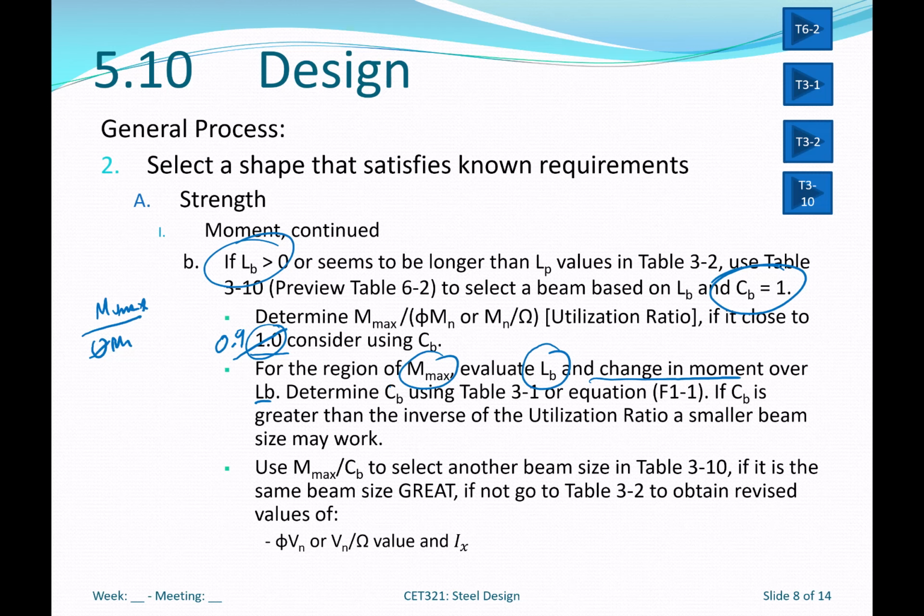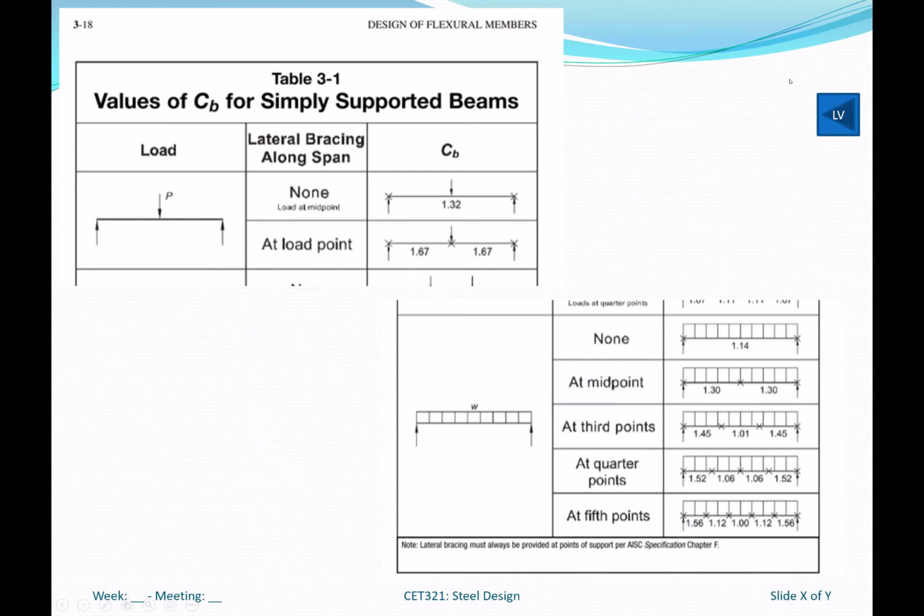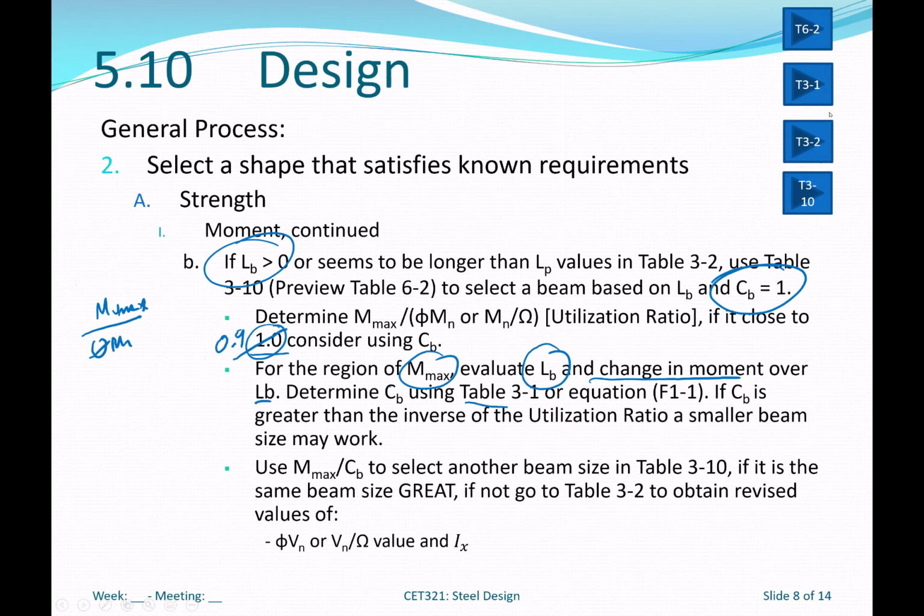So now, once I establish C sub B, either through table 3-1, remember that looks like this, for specific loading conditions and bracing points, or using the equation, you could use the equation to calculate C sub B from F1-1.